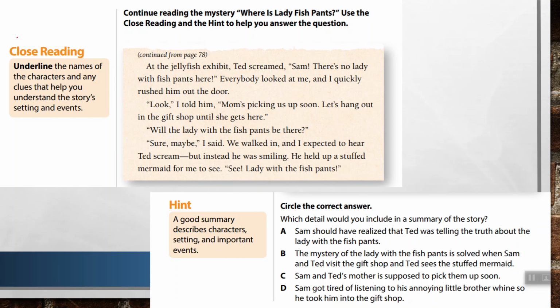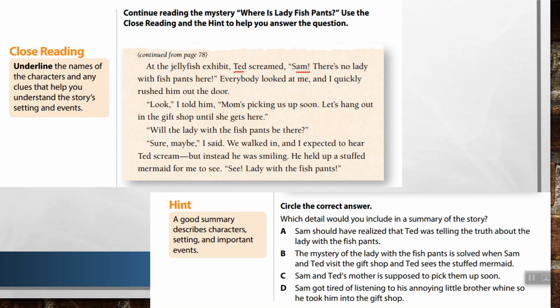All right, let's take a look at our closed reading. It says, underline the names of the characters and any clues that help you understand the story's setting and events. Because remember, a summary includes the main or the important parts of the story. So we know our characters, Ted and Sam, are an important part of the story.